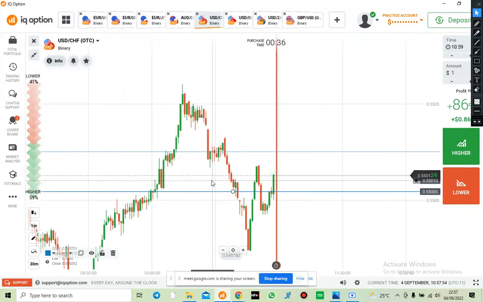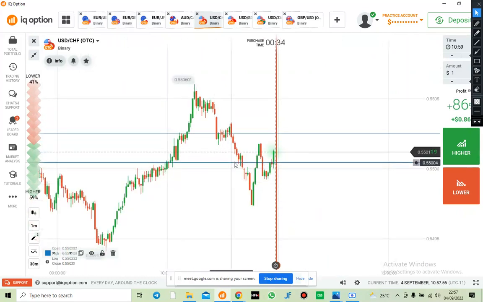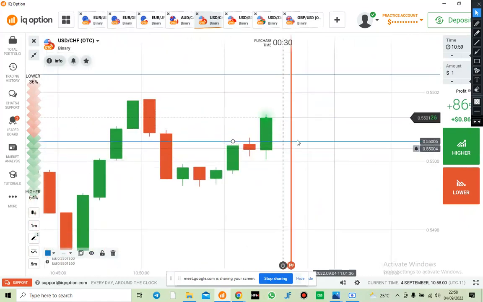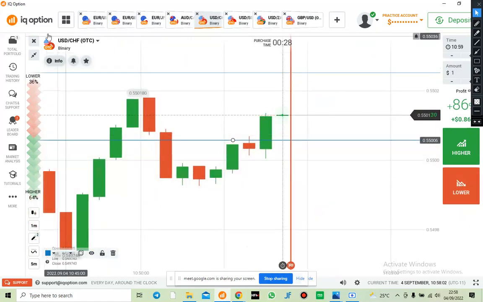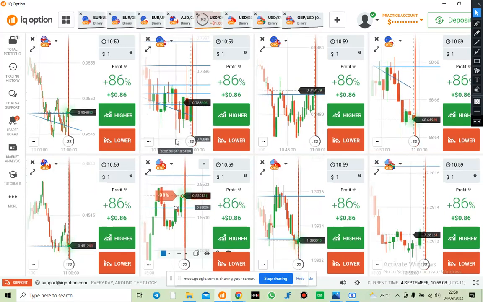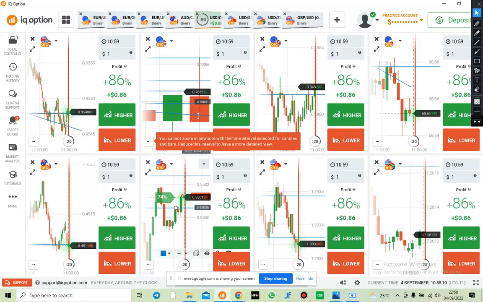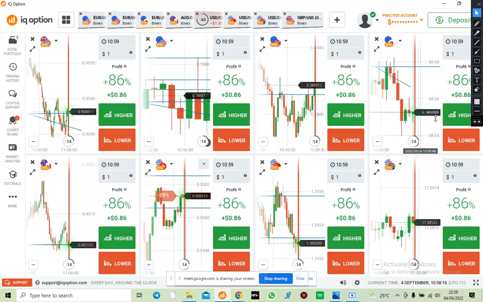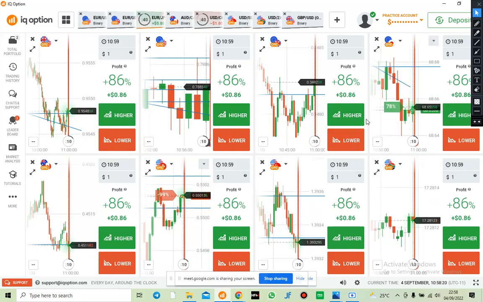Okay, support, resistance. So I expect the next candle to be red. Definitely closed as red. This one I expect the next candle to be green.